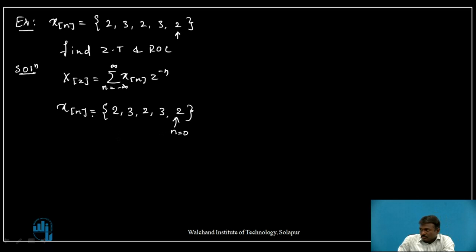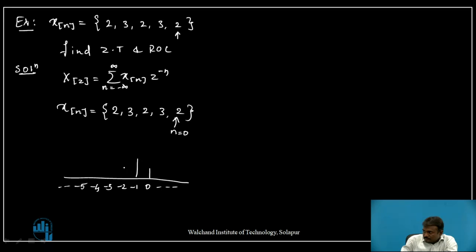So this represents the value of x(n) at n equal to 0. Let us plot the graph for this one. This is the graphical representation of the signal x(n).